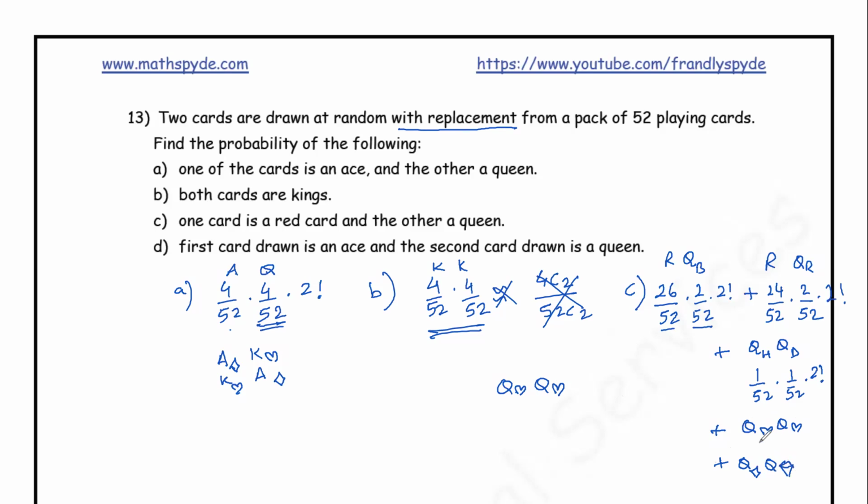So basically you'll have 1 by 52, 1 by 52, and this time remember both are the same cards, so therefore no into 2. Okay. And then again 1 by 52 into 1 by 52. So add them all up and that'll be your answer. So to simplify, C would be, because it's 52, 52, 52, 52 everywhere, I can simply write down 52 by 52 down here.